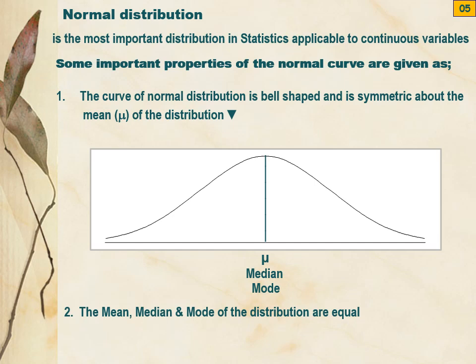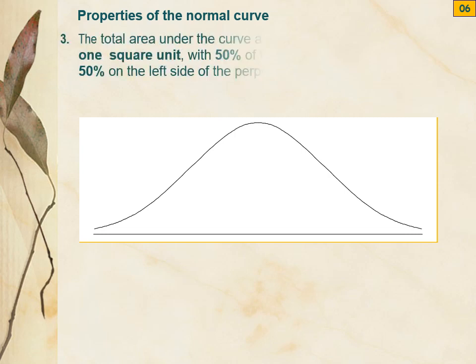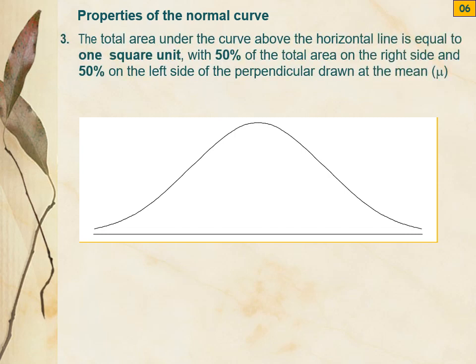The second property of normal distribution. There are some more properties, and you are supposed to remember these. It is bell-shaped, and mean, mode, and median are the same. Slide number 6. Property number 3. The total area under the curve above the x-axis is taken as 1 square unit, and 50% of the total area is on the right side of mu and 50% on the left side of mu.